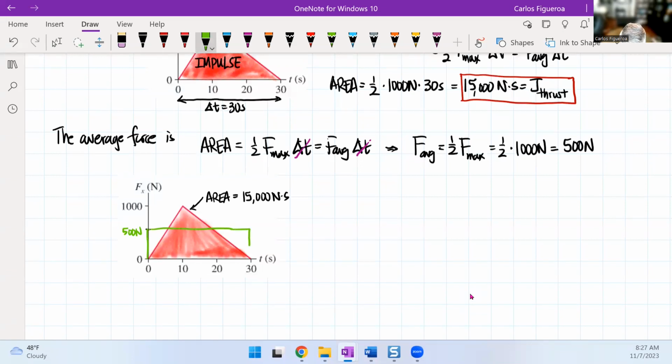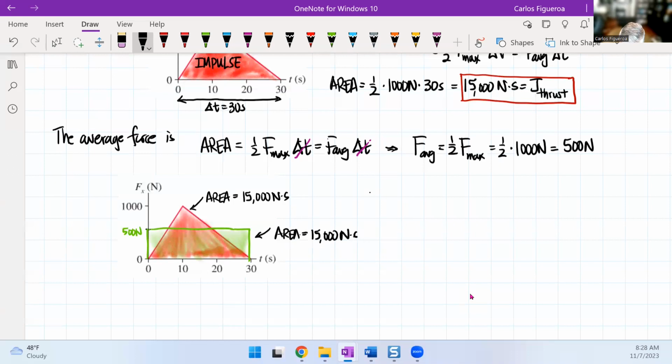So if I now calculate the area all the way to here, it turns out that this area right in here in green, this area where I picked that average here, also has an area equal to 15,000 Newton seconds. Those two areas are equivalent.